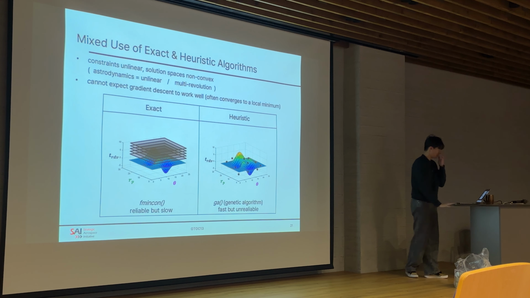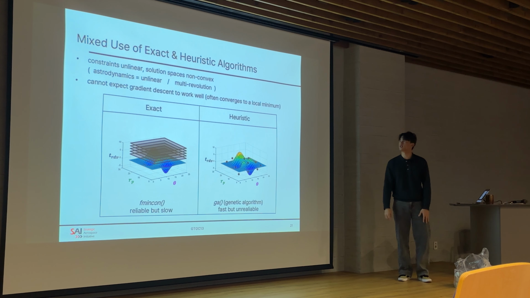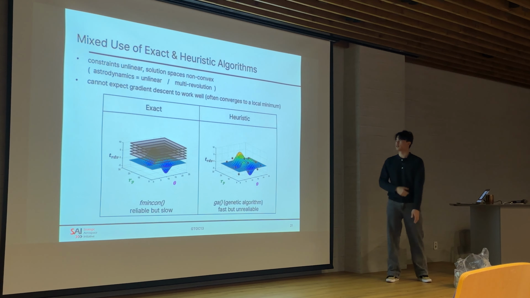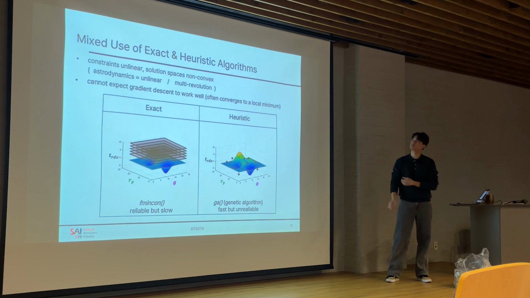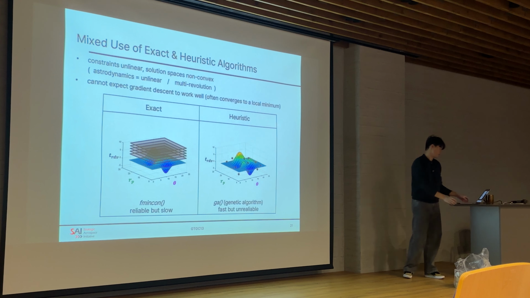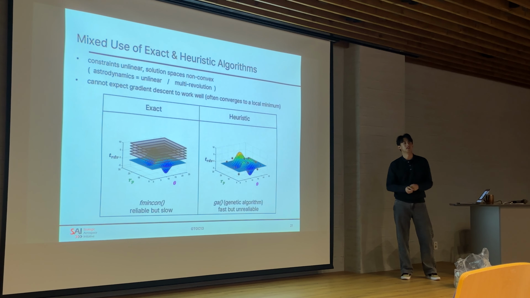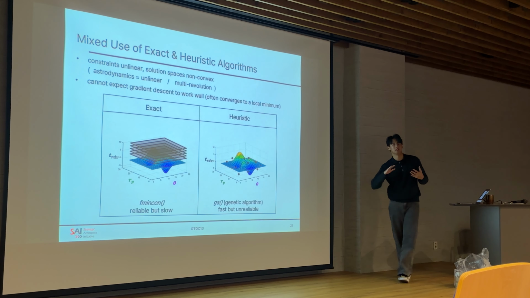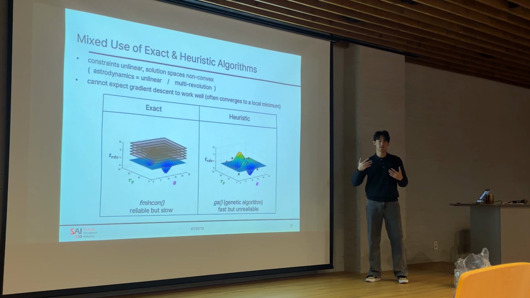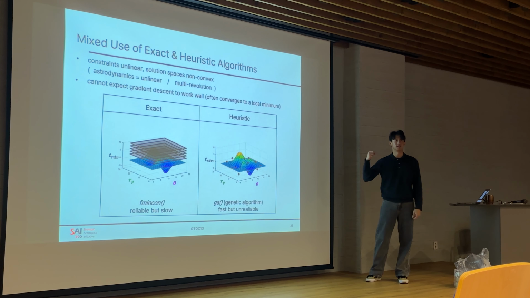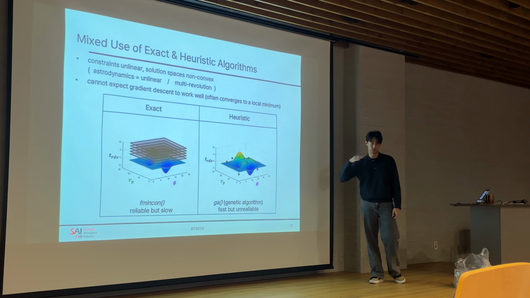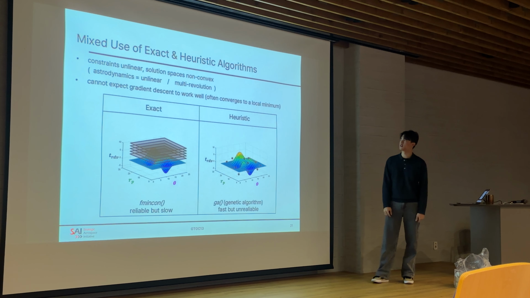In addition to the shooting and Lambert ways, I'd like to introduce that we also had a mixed use of exact and heuristic algorithms. The reason we did that is that astrodynamics, the physics itself, is nonlinear. And because we involve cases where we use multi-revolutions to rendezvous with the next target, it also makes the solution space more complicated and non-convex.